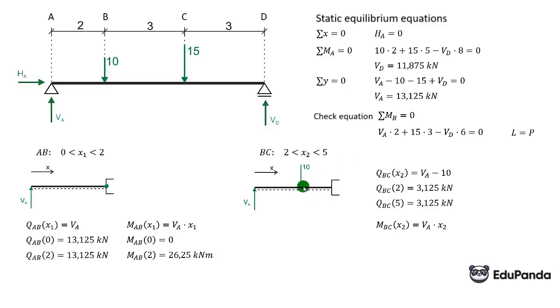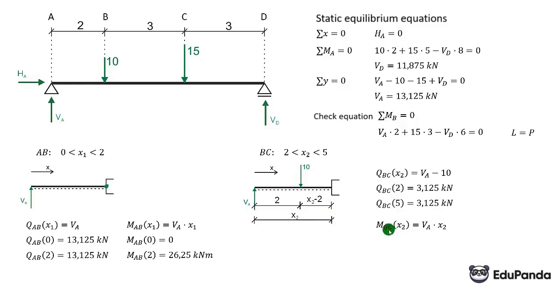Now at what range it acts might initially seem difficult to write down, but let's consider, if the entire interval we have here mentally cut out, if the entire interval is the length x2, which is a variable ranging from 2 to 5 meters, and we know that the distance between VA and 10, even looking here, is 2 meters, well, since it is 2 meters and this is some variable x2, then this value, thus the arm of the force 10 relative to this pole here, thus this length, is x2, thus the entire length minus this 2, x2 minus 2, simply.